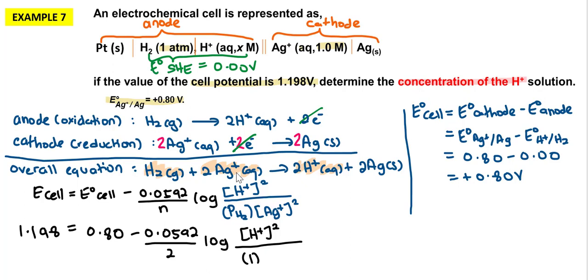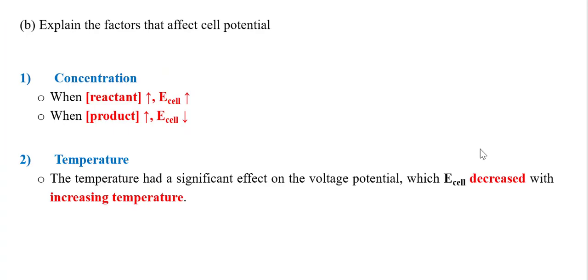Then we have the concentration of the silver ion, which is 1 molar, so 1.0 to the power of 2, since the coefficient is 2. So the concentration of the hydrogen ion is 1.89 times 10 to the power of minus 7 molar.